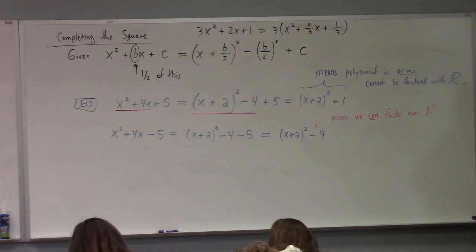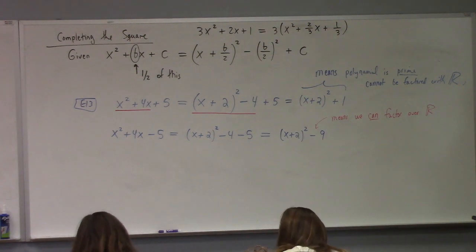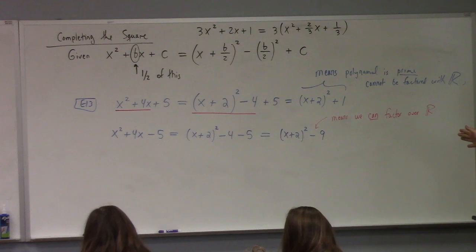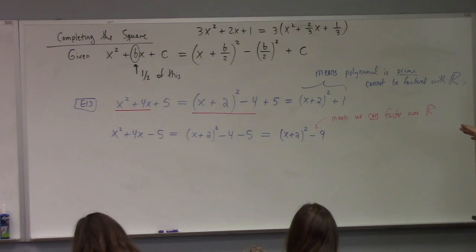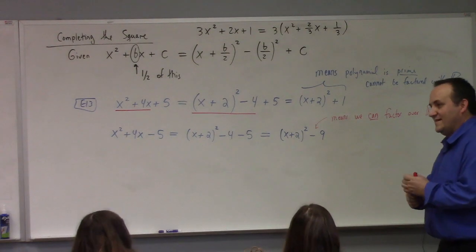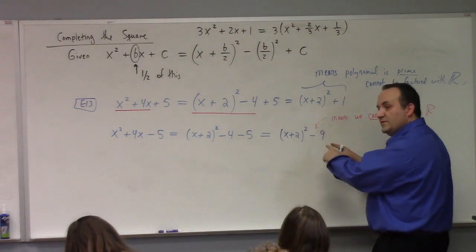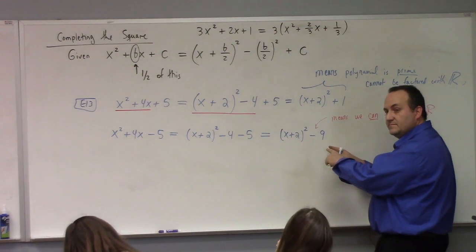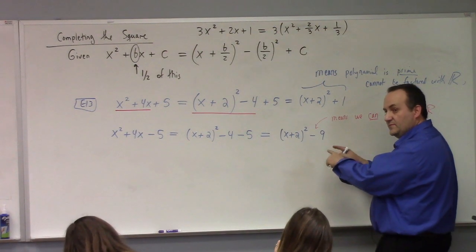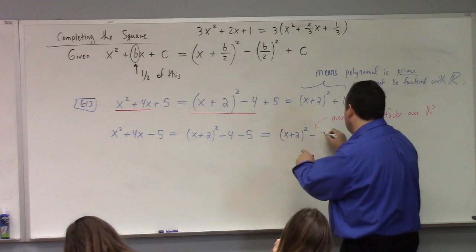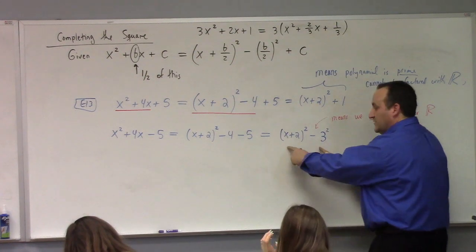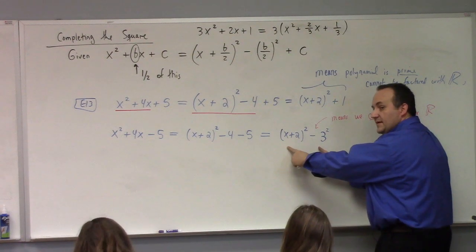More than that, how do we factor over R? What is this? Why can we factor? Oh, I'm showing that. Good question. How about this? This 9 is 3 squared, right? What are we looking at? This is a squared minus b squared.